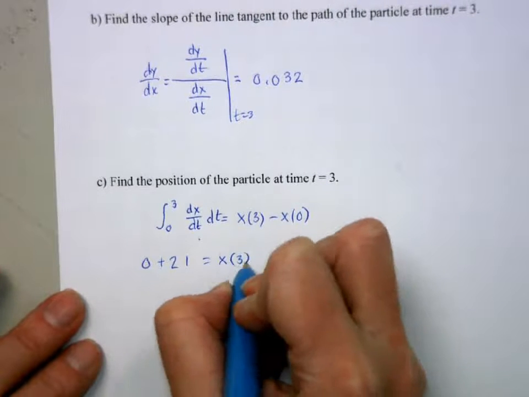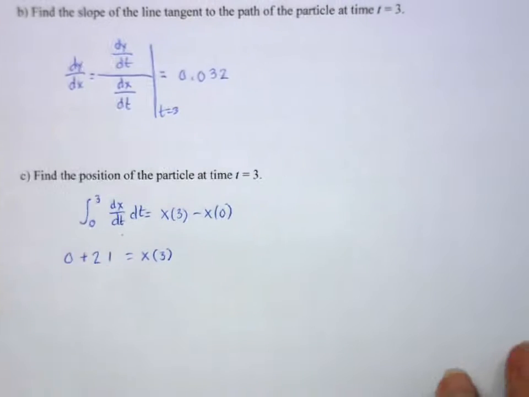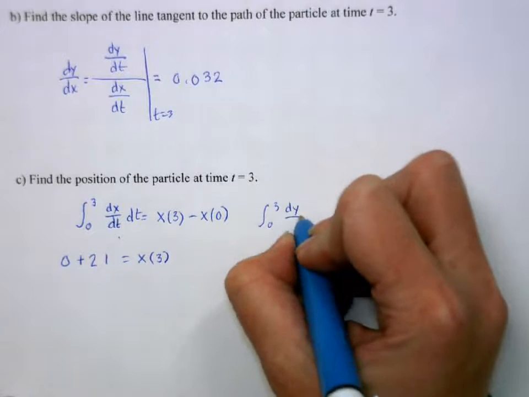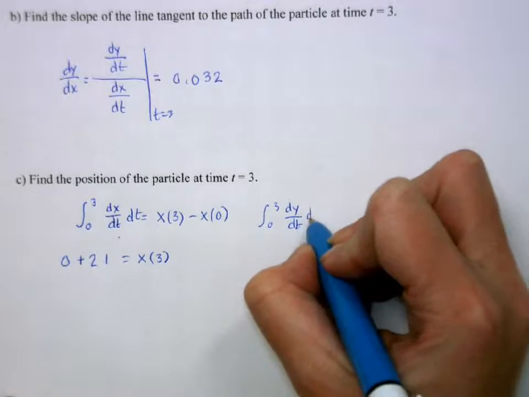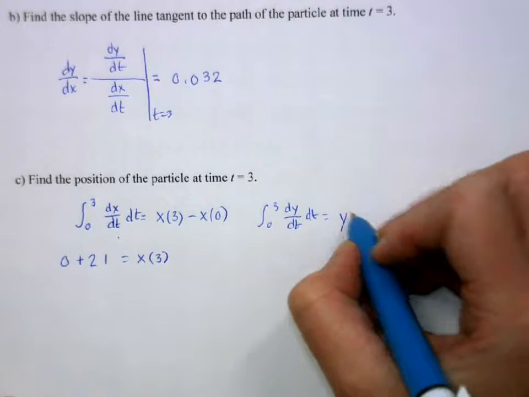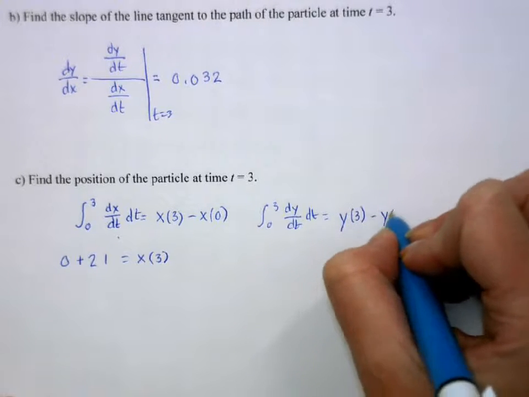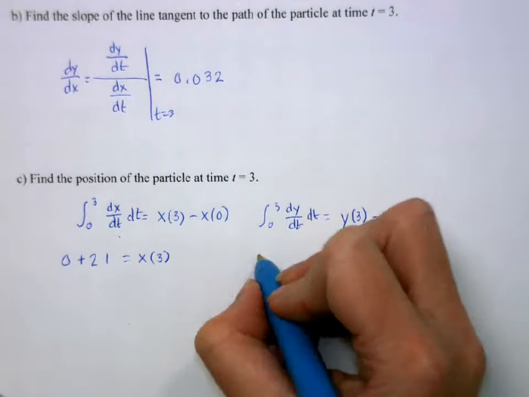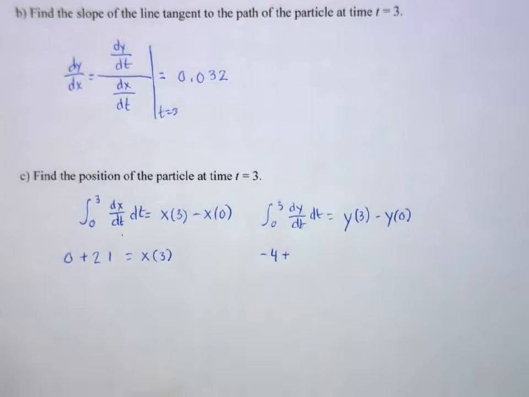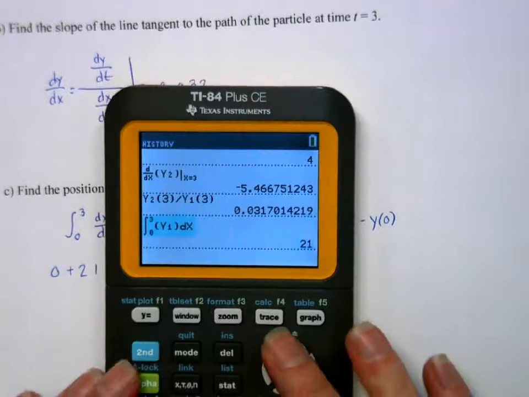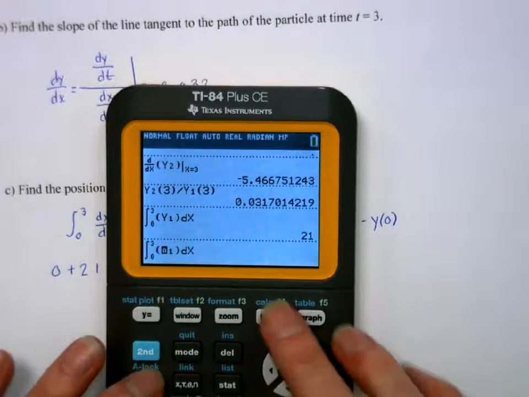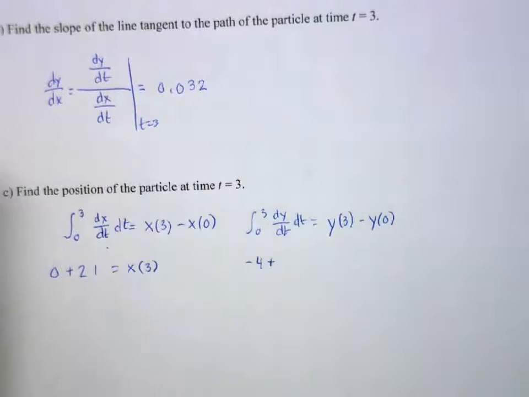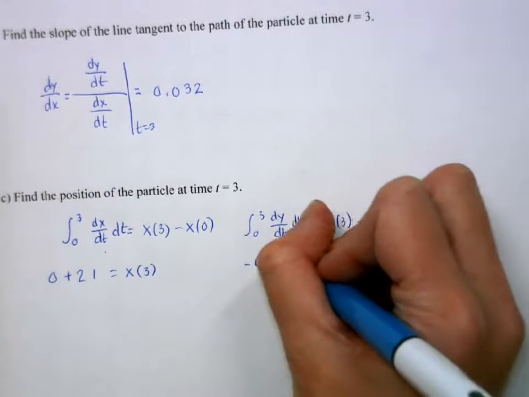Okay. Then we're going to repeat this for y. So the integral from 0 to 3 of dy dt is going to be the antiderivative, which is y at 3 minus y at 0. So we'll add this over. So negative 4 plus this integral. Go up and snag that, change that to y2, and we get 0.774.